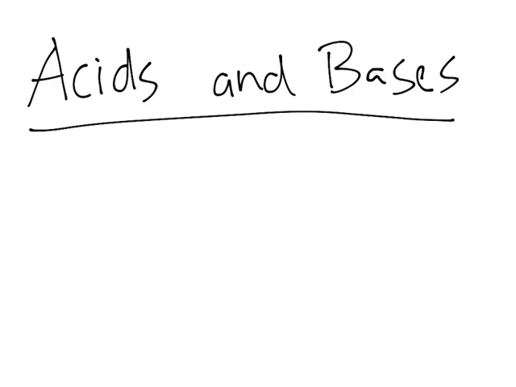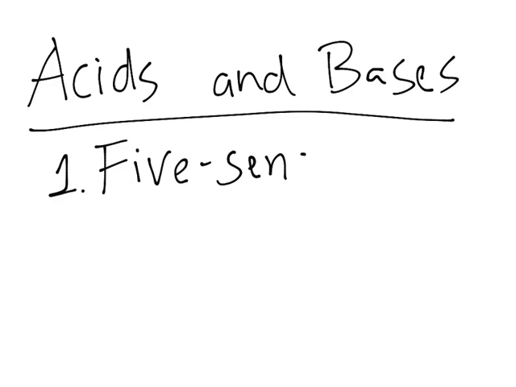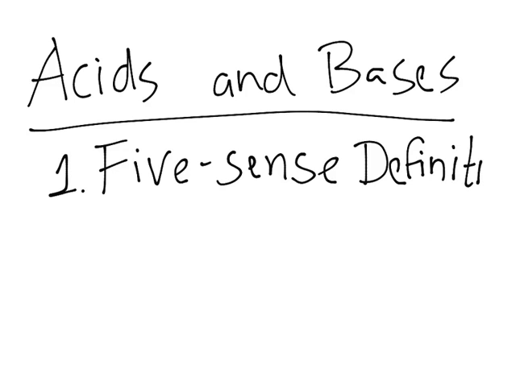So our 4 major definitions are, the first one is what we call the 5 sense definition. And I'll be talking about this definition in this video. Then we got the Arrhenius definition, depends on how you want to say it.